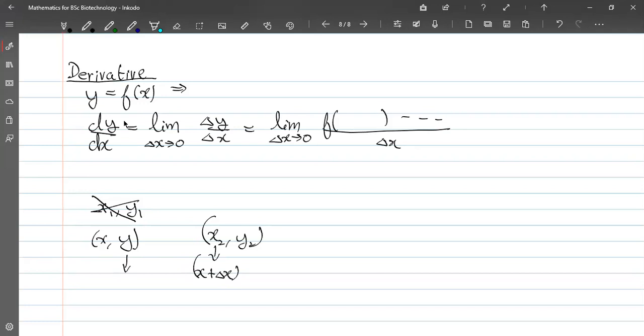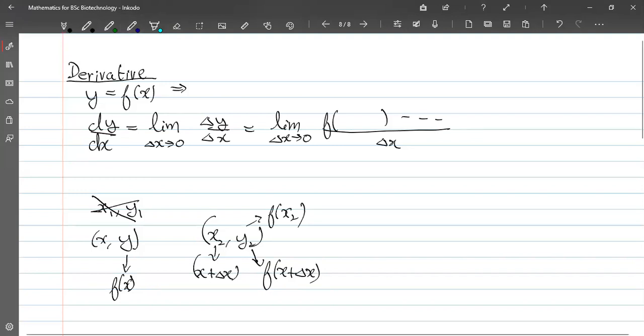Here, more generally, y is f of x. If so, what is y2? y2 is the value of y when x takes the value x2. So y2 is actually f of x2, but we know x2 is just x plus delta x, so this is actually f of x plus delta x.